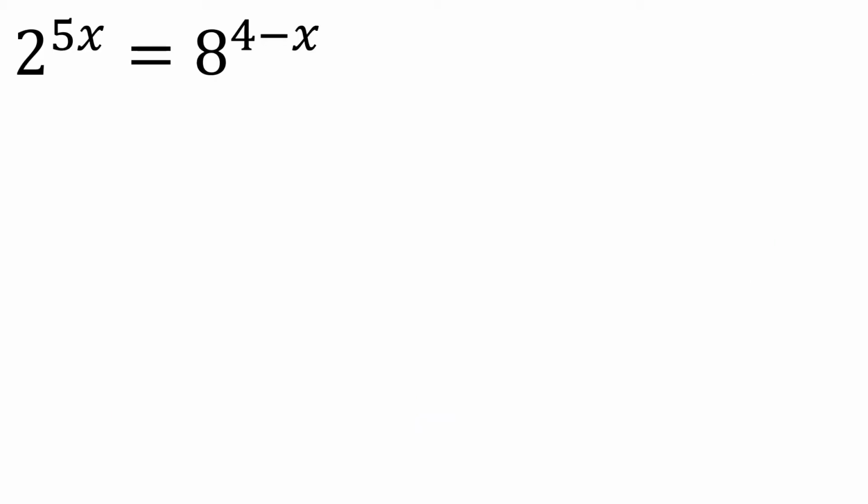For example, when we have a question like this. We know if our base values are the same, so if we have this equation, 2 to the power of 5x is equal to 8 to the power of 4 minus x. If the base values are the same, that means that their indices are the same.